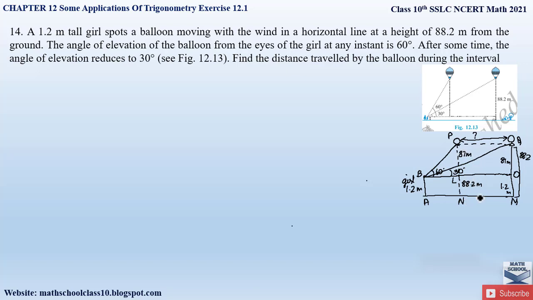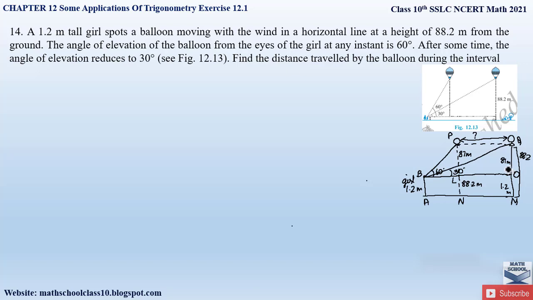Again, here you can observe this MN is parallel to OL and that is parallel to PQ. So if we find out this value of MN, then MN will be equal to PQ. So if we find out this value of LO, then LO will be equal to PQ. Since this height of the balloon is vertical to the ground, here we have two right angle triangles formed.